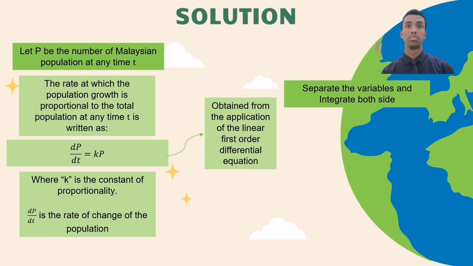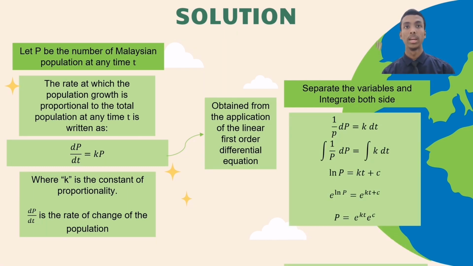Next, we need to separate the equation dP over dt equal to kP. So we will get 1 over P dP equal to k dt. Next, we need to integrate both sides. So we will get the integral of 1 over P dP equal to the integral of k dt. After integration, we will get ln P equal to kt plus C. Then we need to eliminate ln.